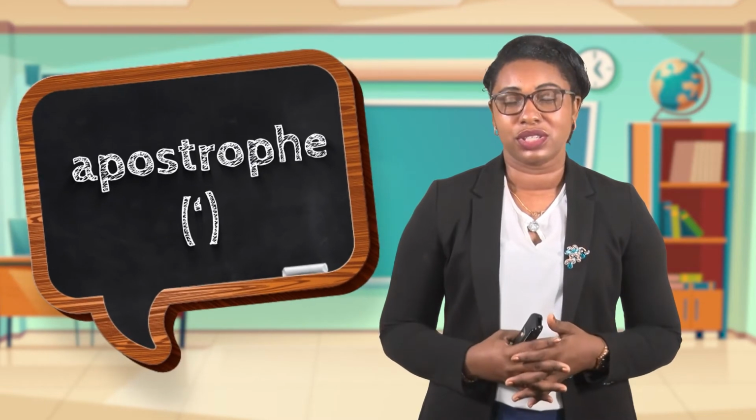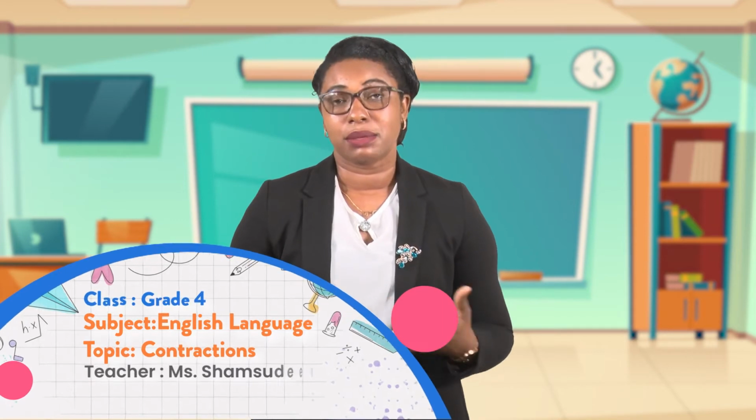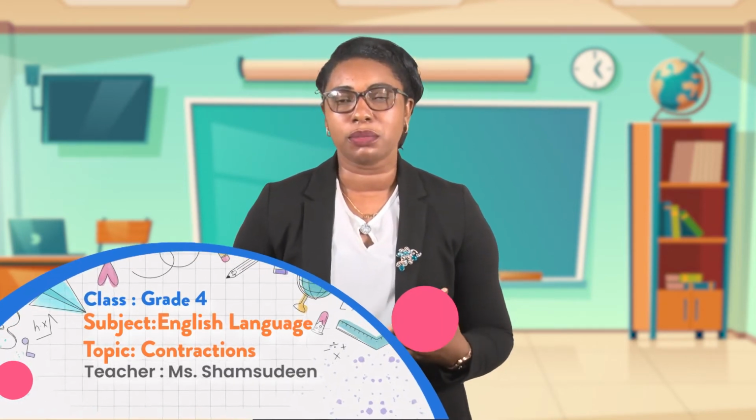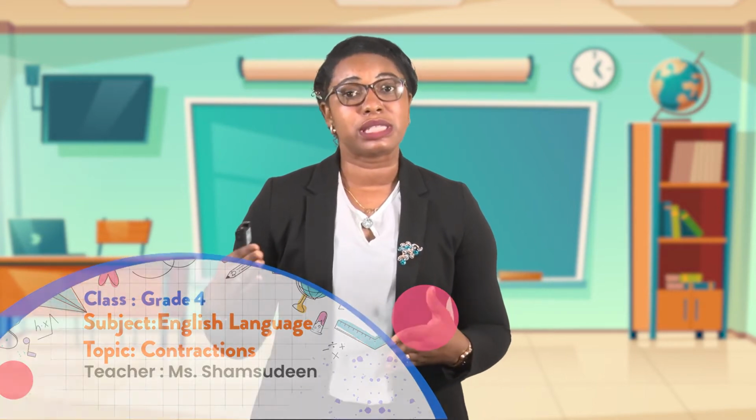There is your demonstration of what the apostrophe looks like. Now we use the apostrophe to fill the space of the missing letters. Let's look at some examples of how we form contractions by taking letters from the second word out of the two words used and replacing them with the apostrophe to form our contraction.